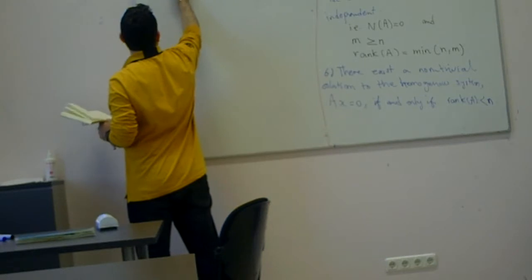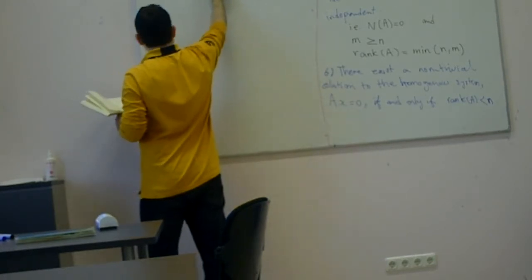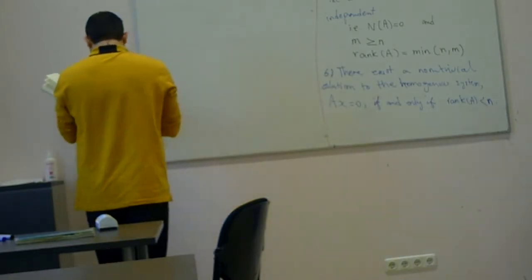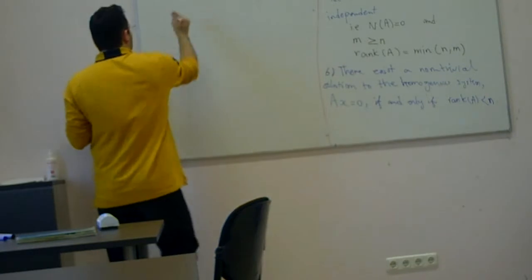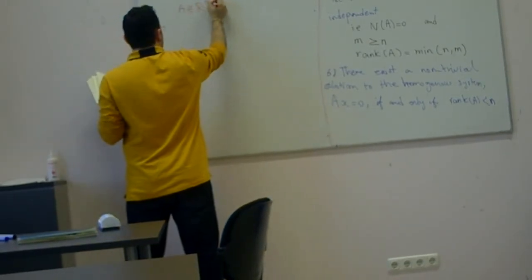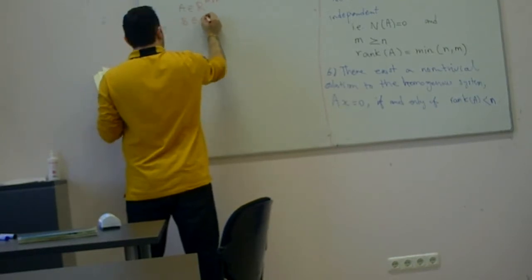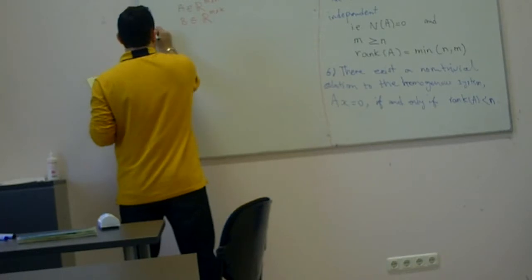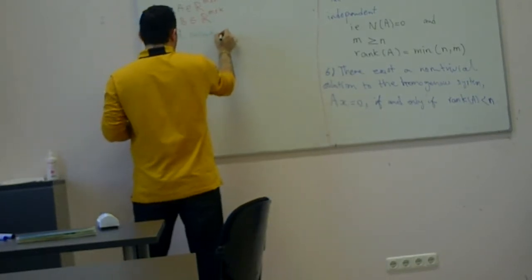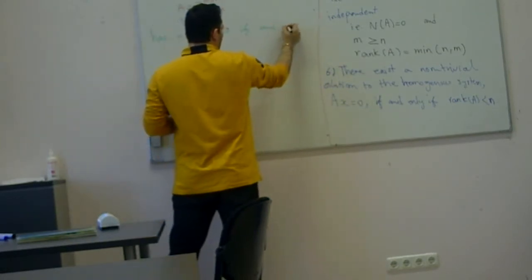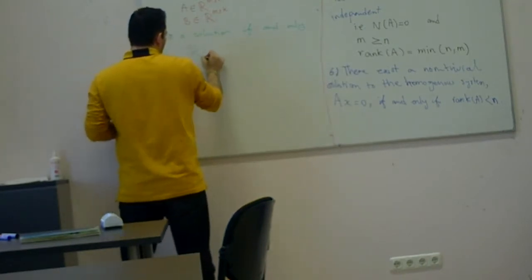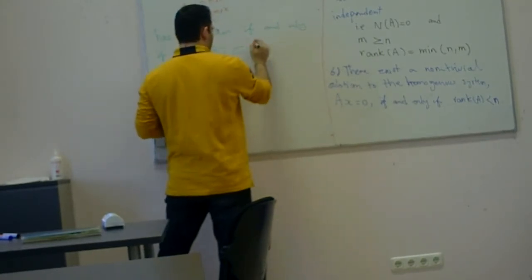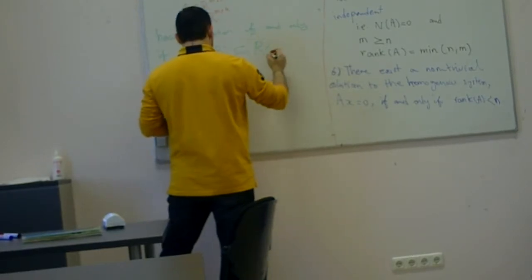The matrix linear equation, which is of this form, Ax is equal to B, where A belongs to R m by n, B belongs to R m by k, has a solution if and only if range of B is a subspace of range of A.